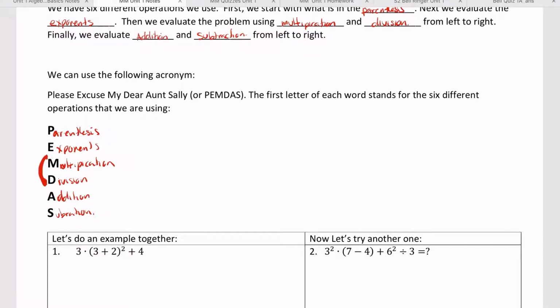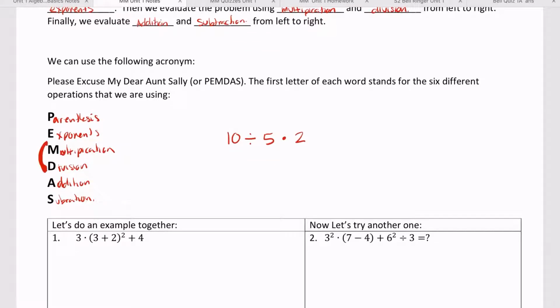So for example, 10 divided by 5 times 2. Okay, so I know in PEMDAS you would say, oh, first parentheses, second exponents, third multiplication.